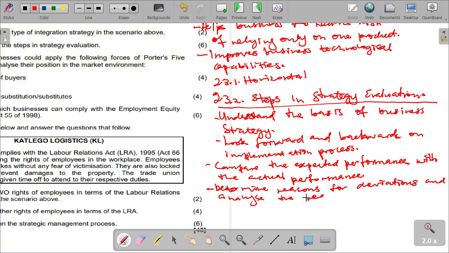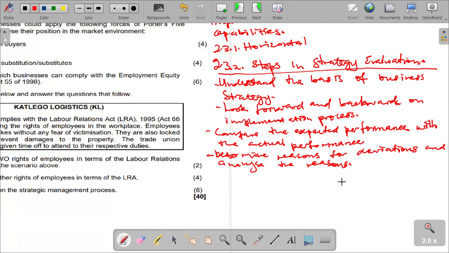When deviations are found, we need to understand what causes those deviations or those differences, and then the analysis must be done in order to get the best outcome of the scenario. So determine the reasons for the deviation and analyze the reasons.